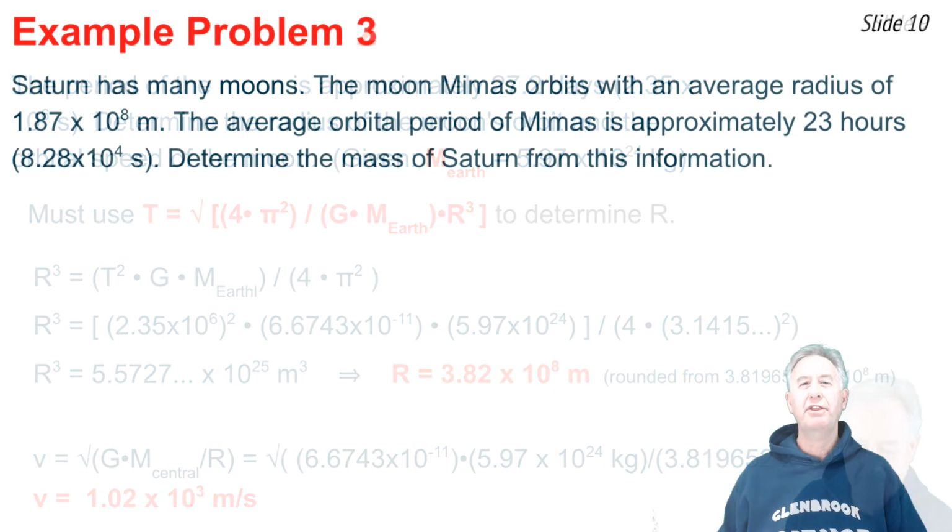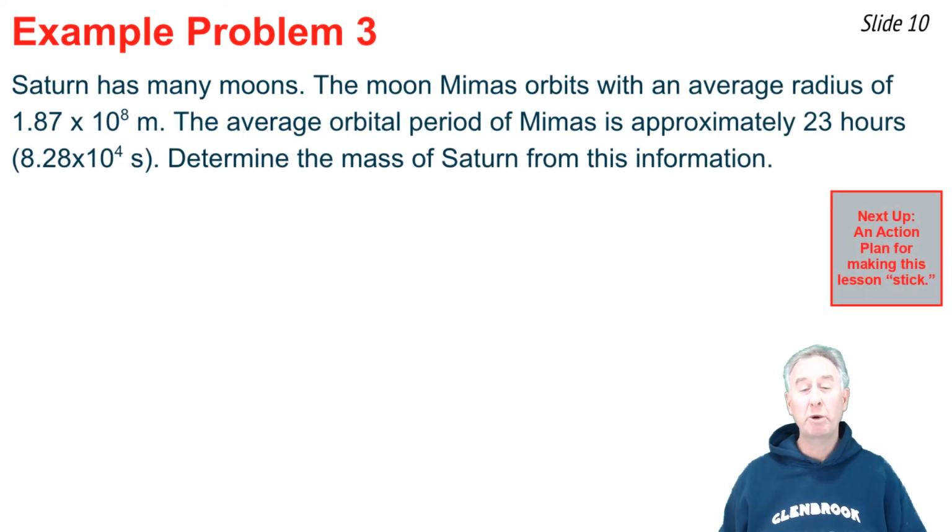In the third and final example, I'm given the orbital period and orbital radius of one of the moons of Saturn, and I wish to calculate the mass of Saturn. In this situation, the Moon is actually a satellite and the central body is Saturn, and I need an equation that relates mass to orbital period and orbital radius.